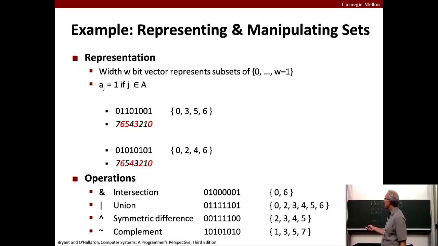So the idea is then the AND operation becomes like set intersection, the OR operation becomes like set union, and the exclusive OR operation is what's called symmetric difference. And tilde is like set complement.